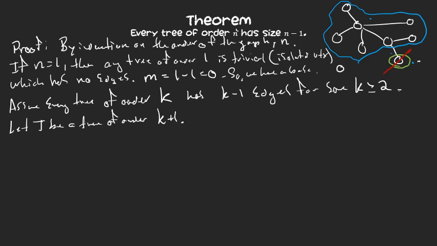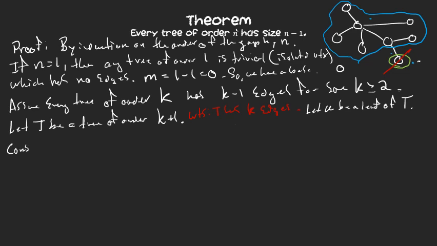And so the idea is we want to show that T has k edges, and then we'll be done. Since T is a tree, let U be a leaf of T. Since it's non-trivial, we can find this leaf.